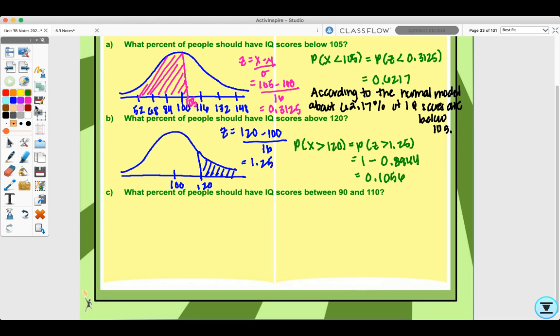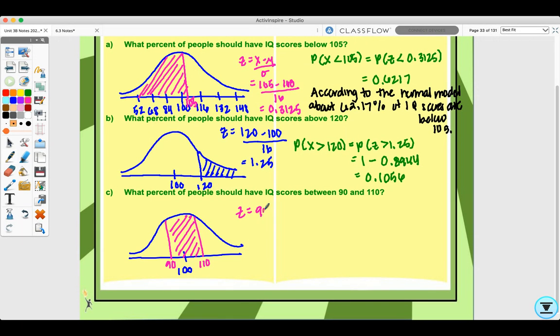And then the last one, what percent of people should have IQ scores between 90 and 110? So again, you draw your normal curve, 100's in the middle, 90 and 110. So 90 would be about here, 110 here. Shade the middle section, find your z. So this one would have two z's.